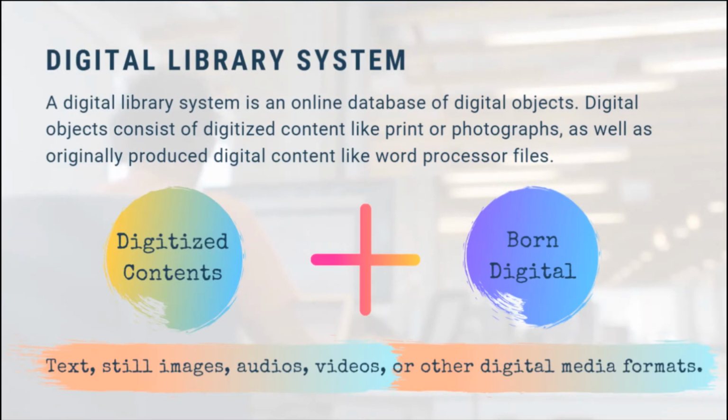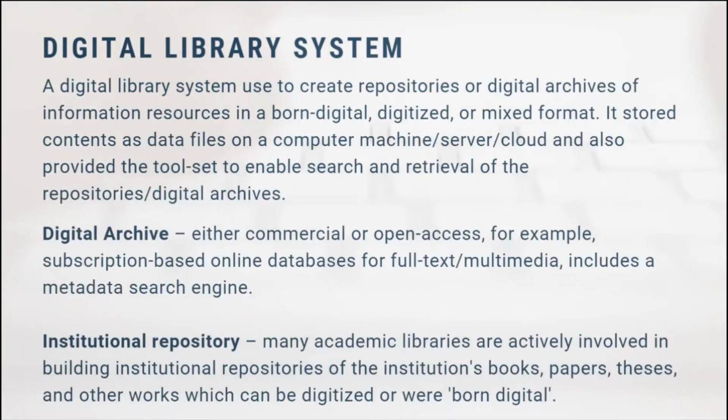Digital library systems are used to create repositories or digital archives of information resources in born digital, digitized, or mixed format. A digital library system stores content as data files on a computer machine, server, or the cloud, and also provides the tool set to enable search and retrieval of the repositories and digital archives.